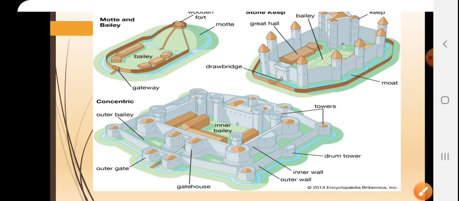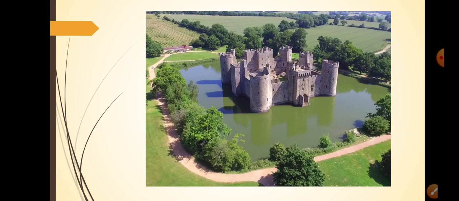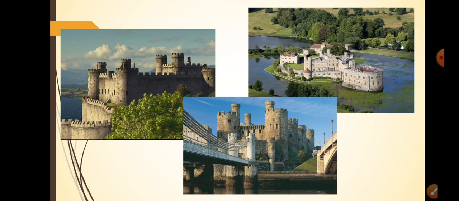Okay, so this was the evolution of the Roman castles. I would like to show you a couple of pictures. You can see how nicely they are protected with the moat, with the water. Of course, very difficult to get there. High, very strong walls.